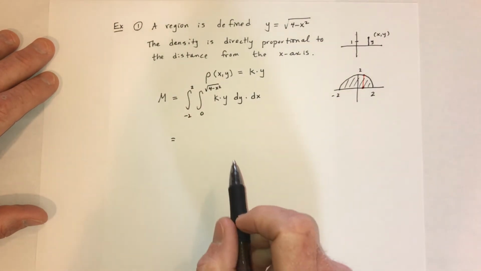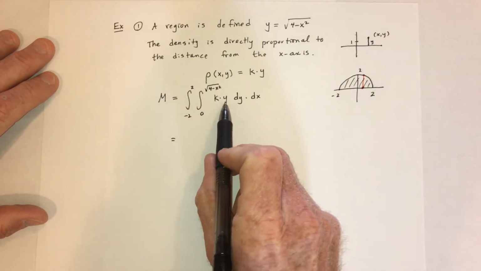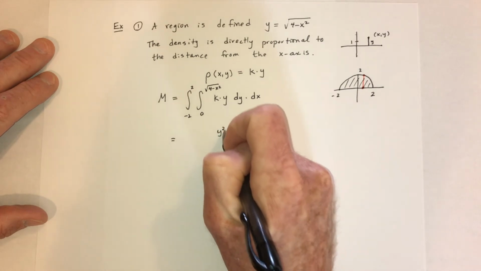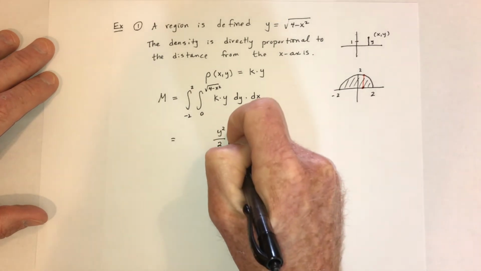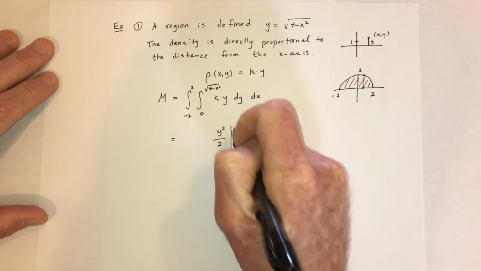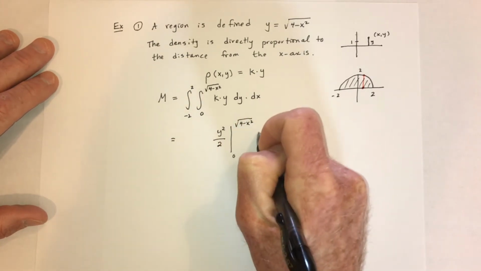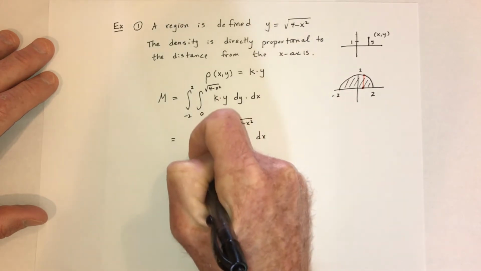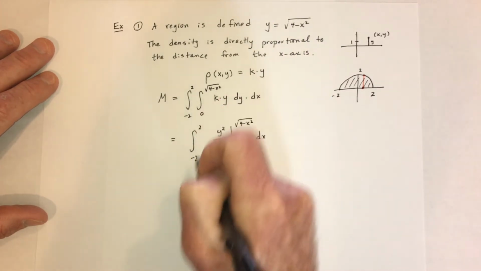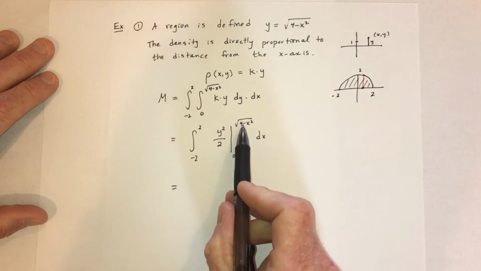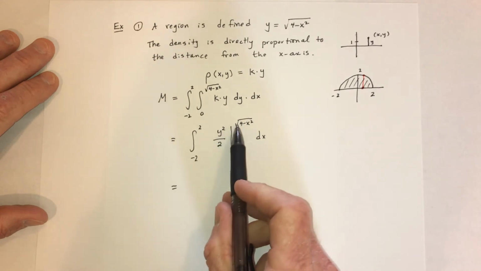And then actually integrate this thing. So this is going to be y squared over 2, evaluated from 0 to the square root of 4 minus x squared. And then when you substitute this in there, the square and the square root are going to cancel each other out.